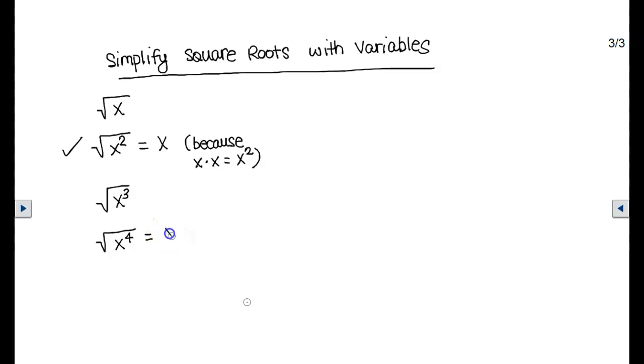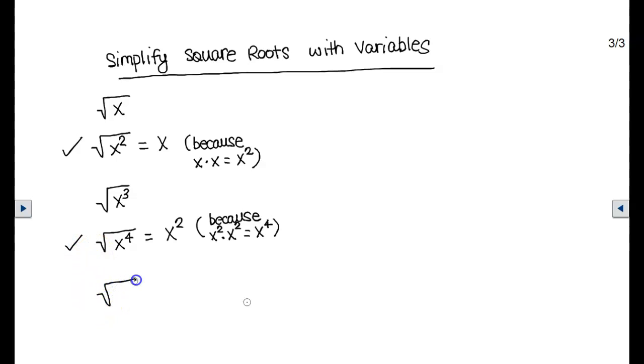Well, this I can do. The answer would be x squared, and that's because x squared times itself would equal x to the 4th power. So this one I can do.